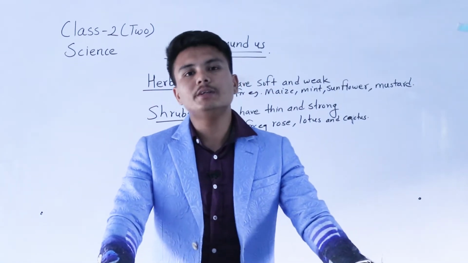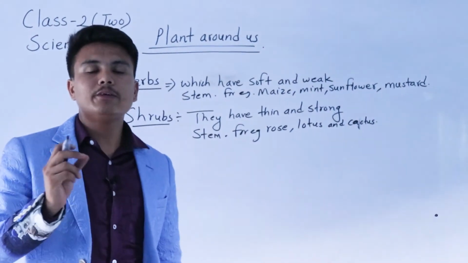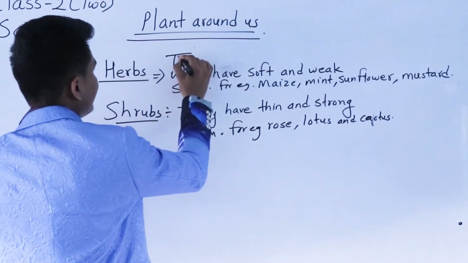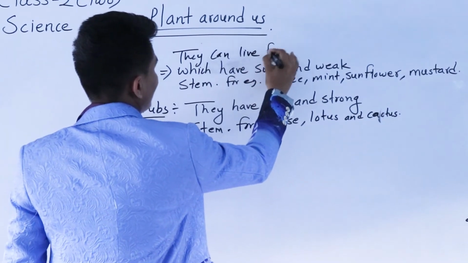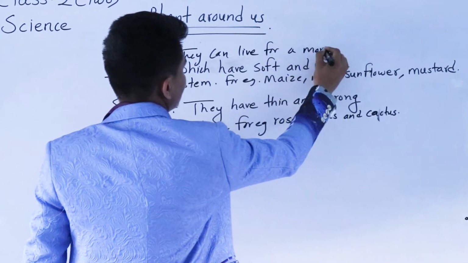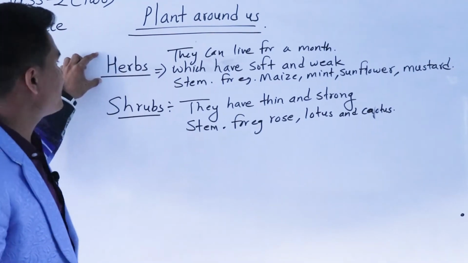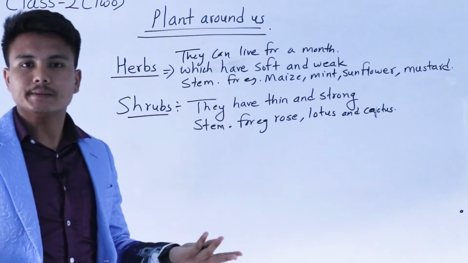They live for some years, but herbs can live only for a few months, for a month. The lifespan of herbs is very short.